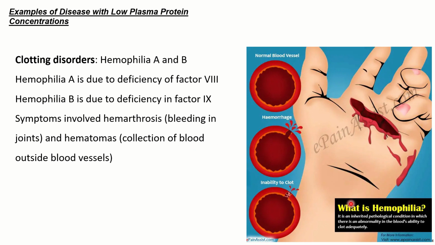As we can see here, there will be inability to form a proper clot. So when one bleeds, they will bleed excessively, right? And also take note that hemophilia is a hereditary disease. It's passed on genetically.